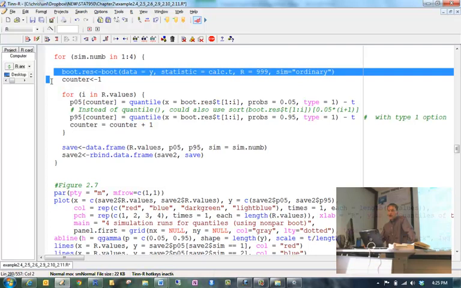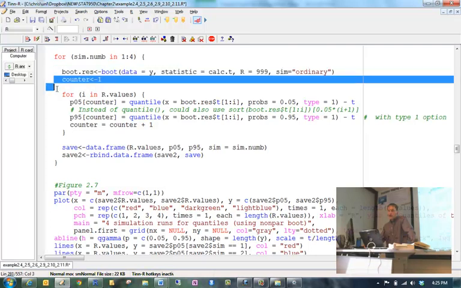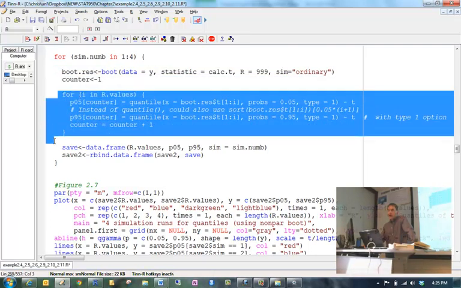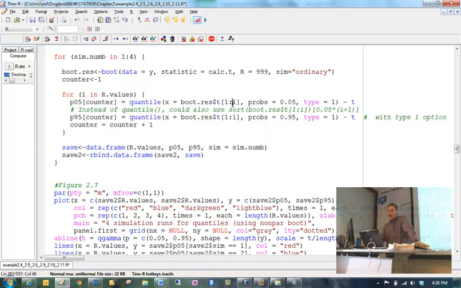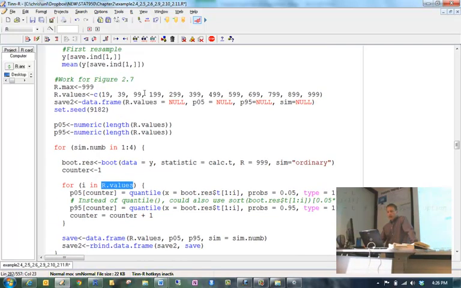I do the boot function every time, use a counter, and then I find the quantiles corresponding to boot.res$t, T star, which is going to be T star 1 all the way up to T star I, where I corresponds to either the 19th, 39th, 99th, or 199th value in R values.